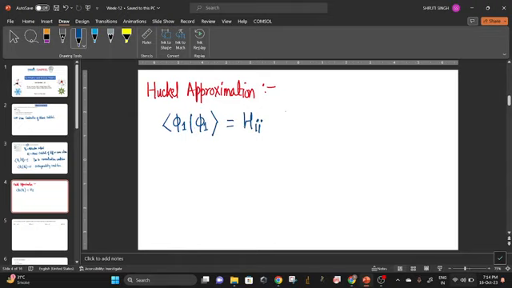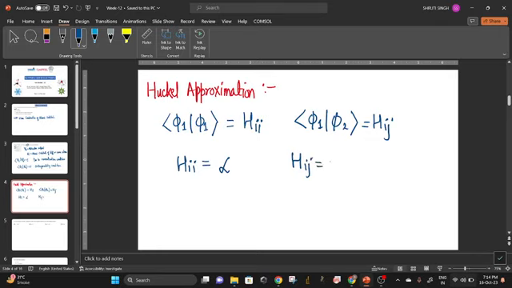So in general it is written as HII, and this integral between different atomic orbitals is written as Hij. Now when we are using LCAO, the atomic orbitals can be from the same atom or from a different atom. So here HII is written as alpha and Hij is written as beta. So this is using Huckel approximation.